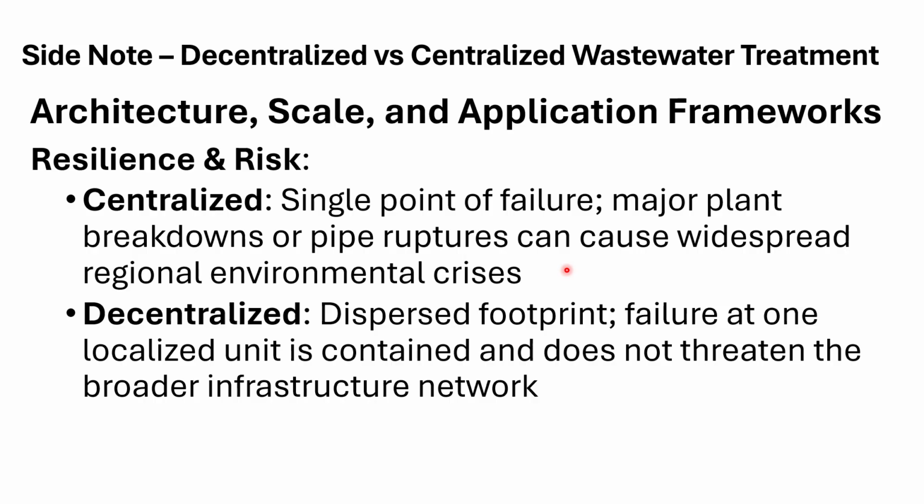Okay, so that's what I mean by a single point of failure for something like that, a widespread environmental and public health crisis. Okay, decentralized. You've got a bunch of different systems all over the place, like septic tanks. So if one localized unit fails, it doesn't threaten everybody else.